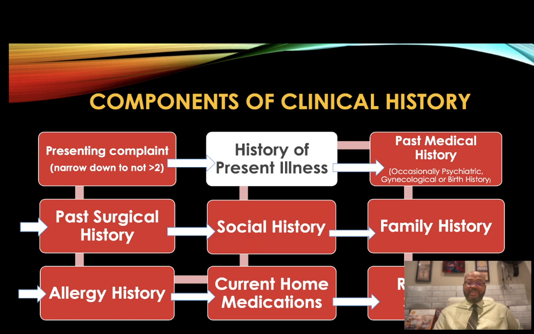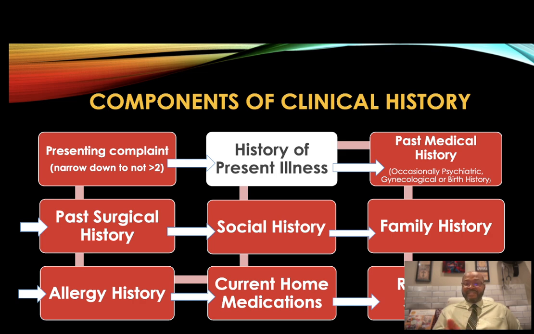So the components of your clinical history would include the presenting complaint, which you should narrow down to not more than 2 presenting complaints, and the history of present illness. So the history, the story surrounding the presenting complaint, which is where I'm going to dwell on.